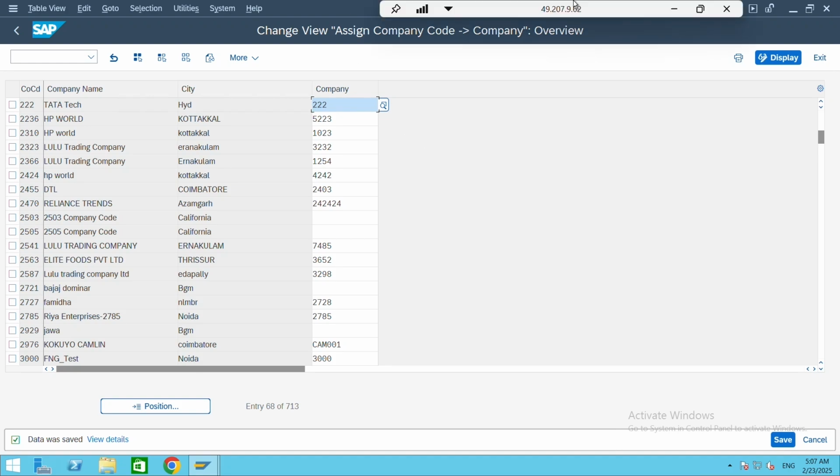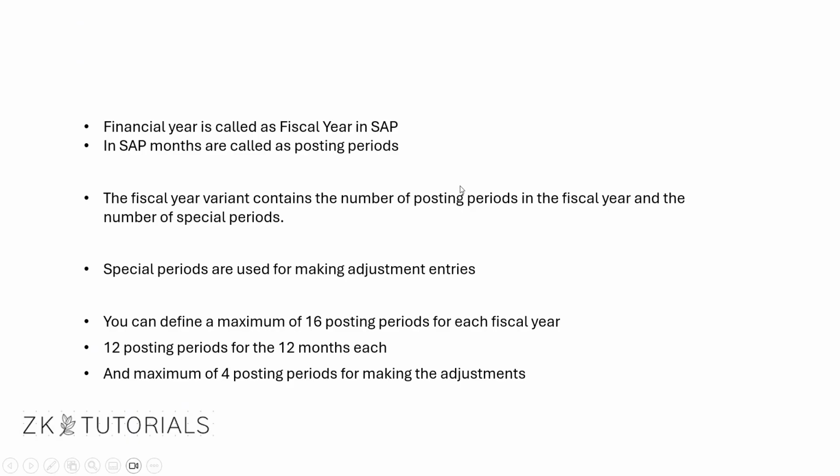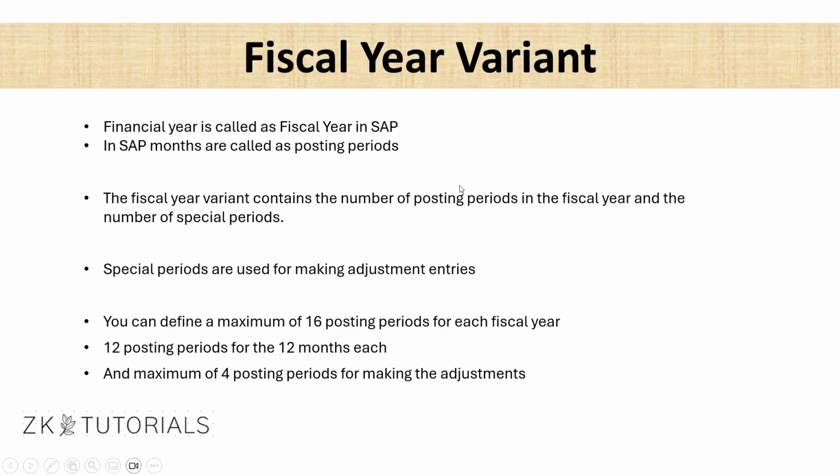And next is fiscal year variant. What is fiscal year variant? Financial year is called as fiscal year in SAP. What is financial year? For every country, government has provided to report to the government about their incomes and losses for a period of time.